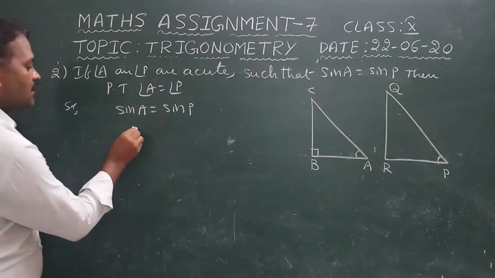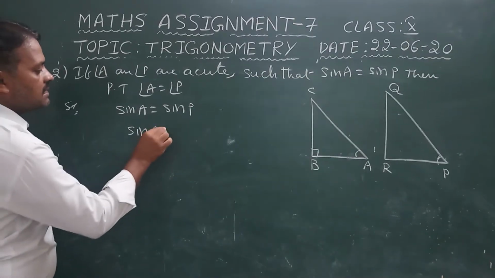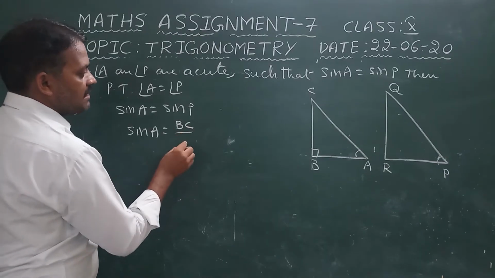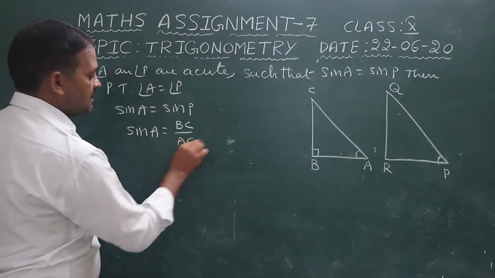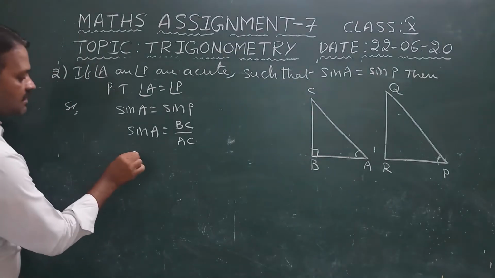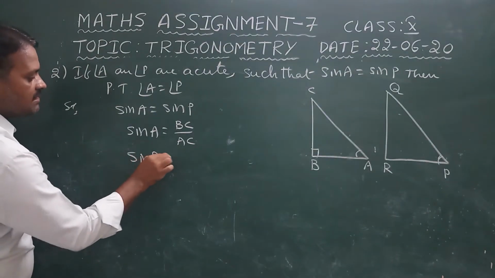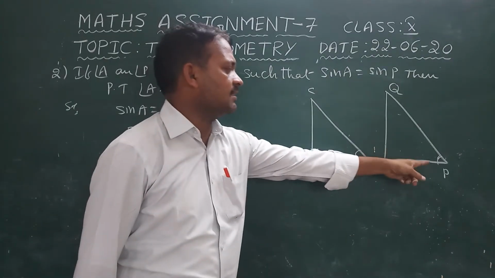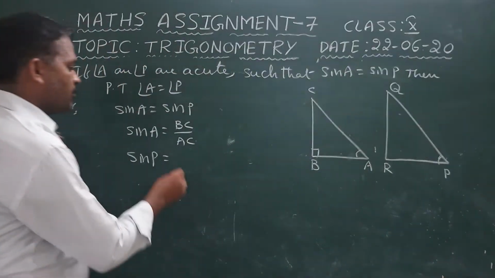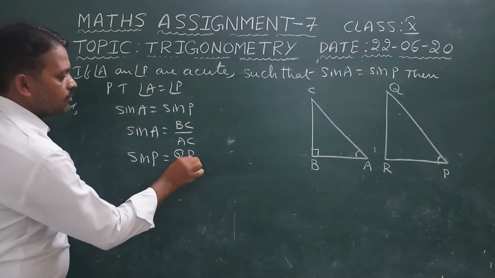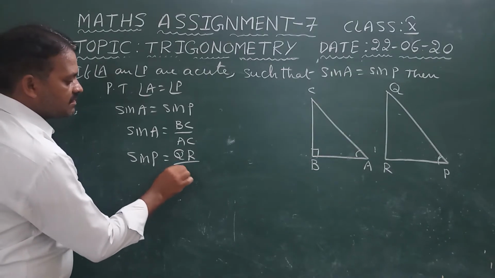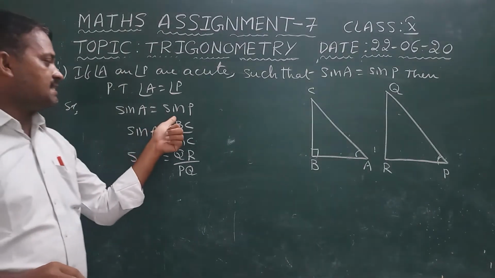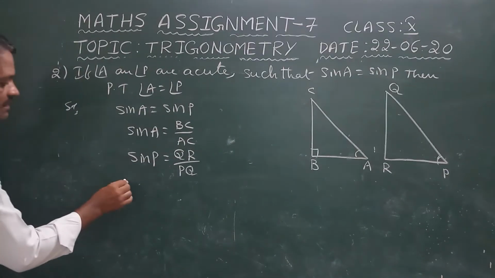What is meant by sin A? In the first triangle, opposite side BC by hypotenuse AC. Similarly, I need to find sin P. Considering the second triangle, sin P is opposite side QR by hypotenuse PQ. According to the problem, sin A is equal to sin P, so equate these two.